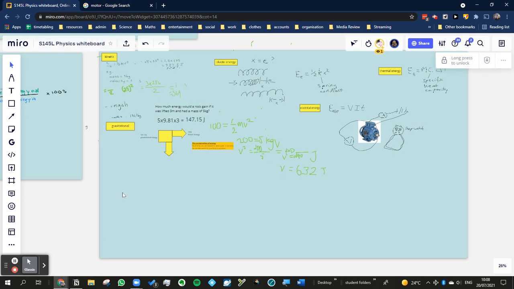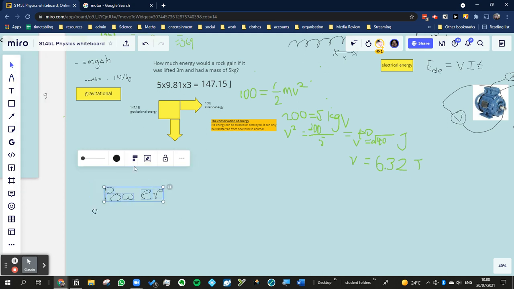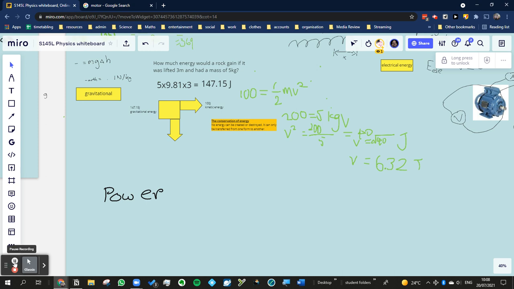So the related calculations are going to be basically power. What is power? Well, let's think about what we understand about power. Imagine we had 2 cars. I'm going to get a powerful car and a car that doesn't look very powerful.